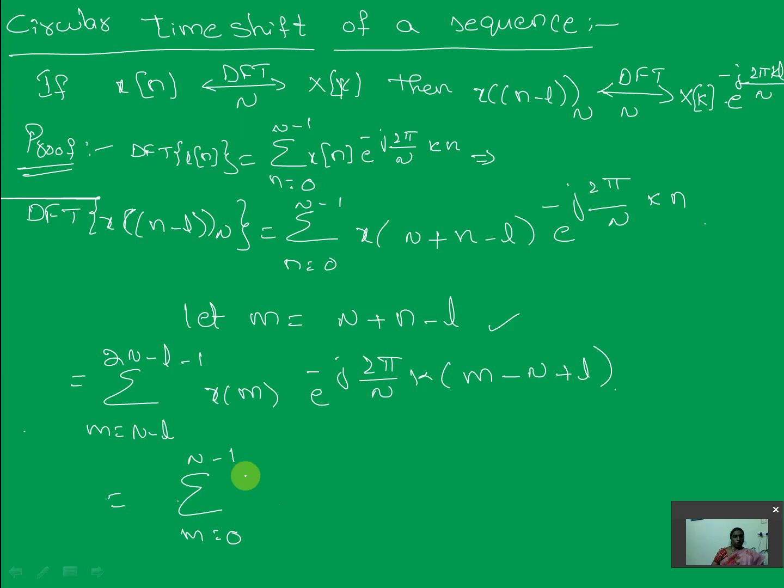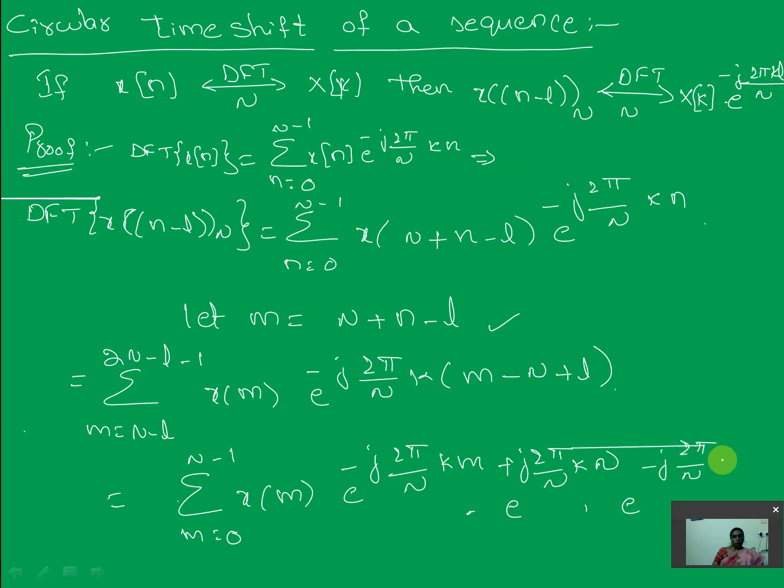Both are the same. So now x of m e power minus j 2 pi by N k m into e power minus j 2 pi by N k L.